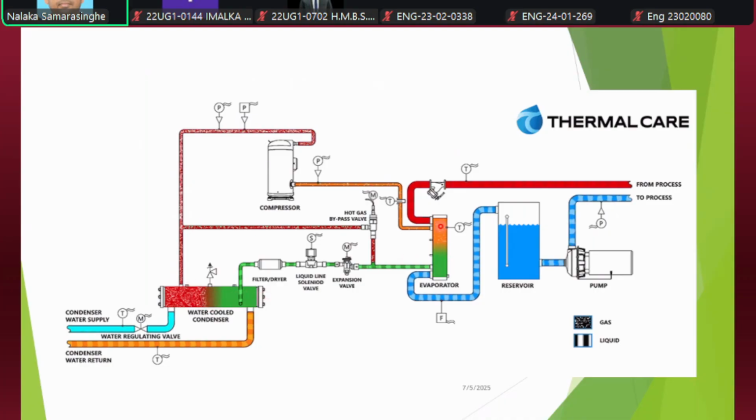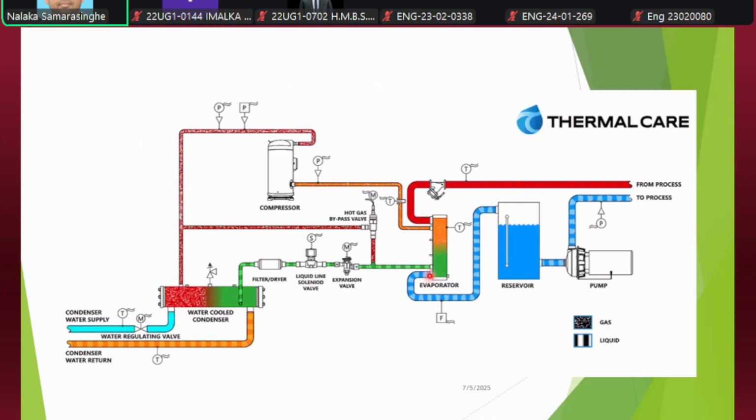Here, this evaporator coil is surrounded by water, and as a result, the water, normal water we are taking from the cooling process, is coming into the evaporator heat exchanger, and it is being cooled by the cooling coil inside.